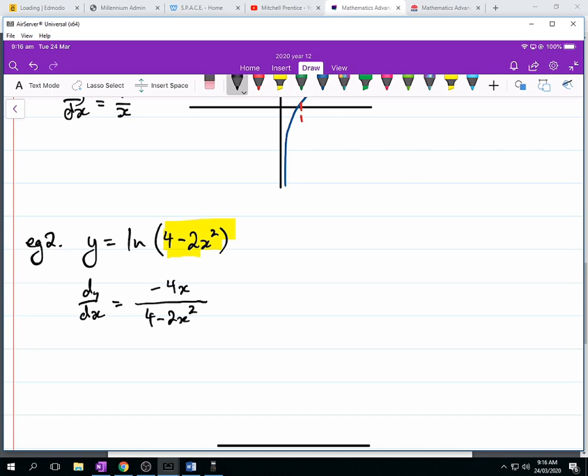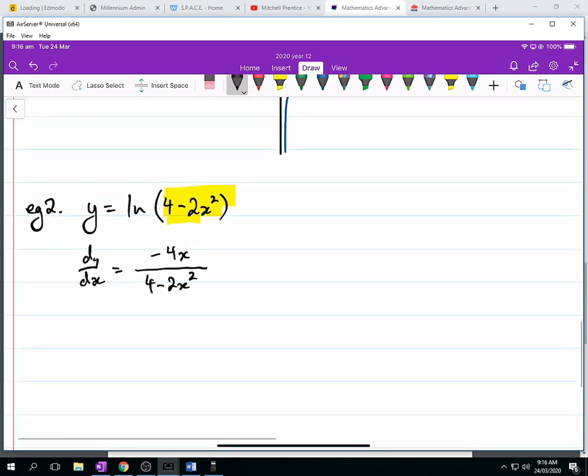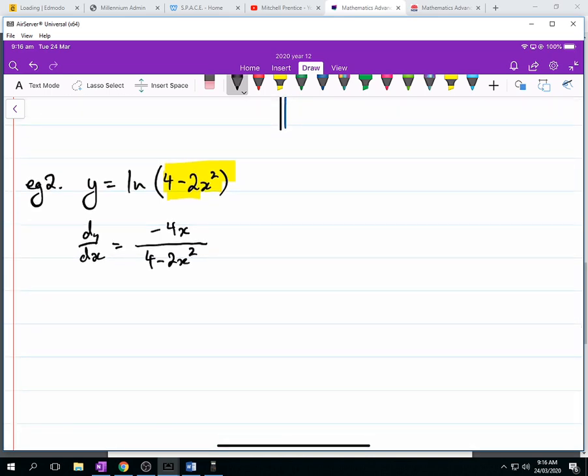Now, I probably don't like that format with the negative 4x. I would probably actually change this as well, and I would actually write this denominator, if we want, as also a negative, which is the negative of 2x squared minus 4.